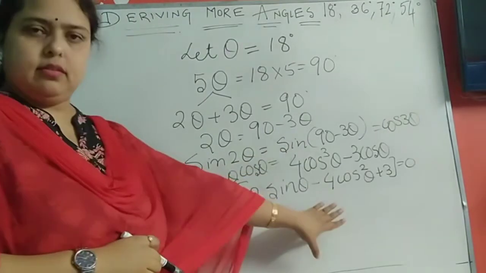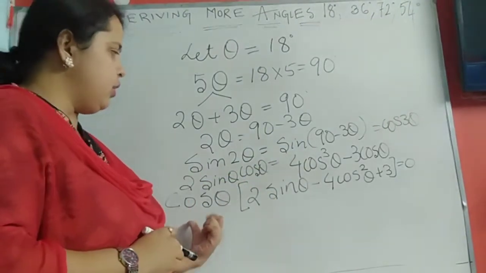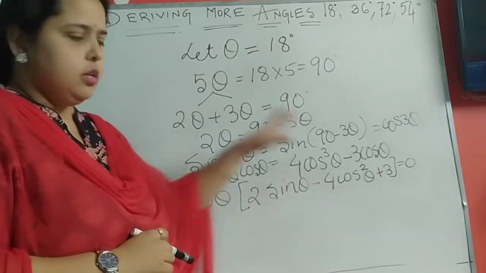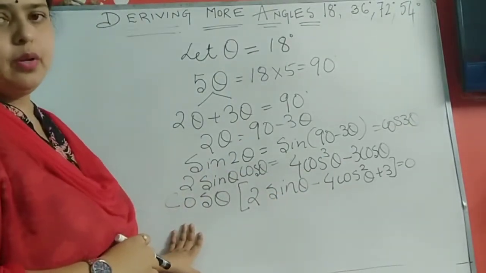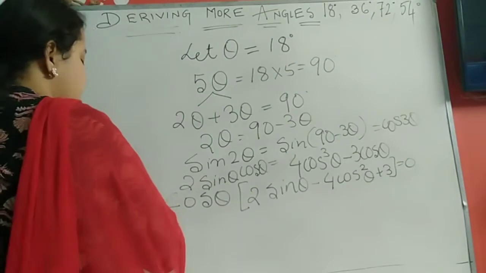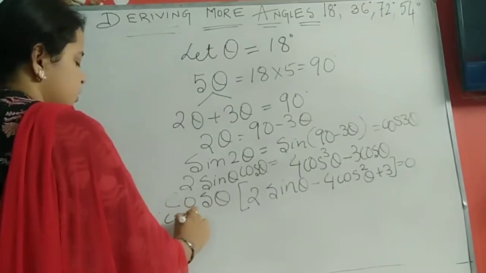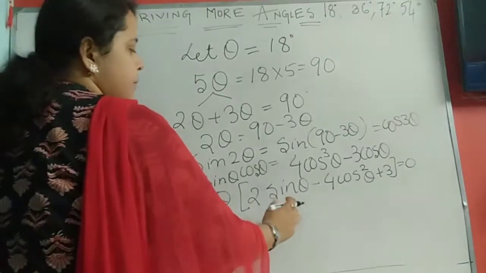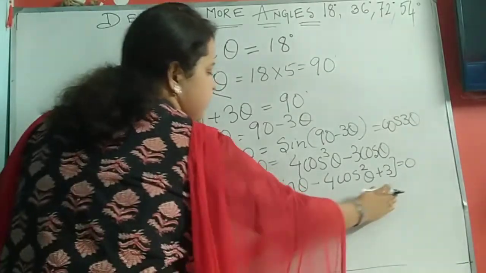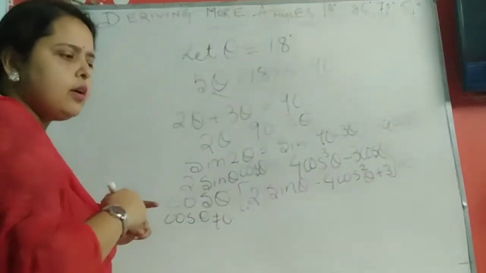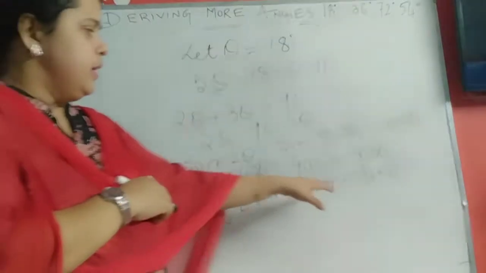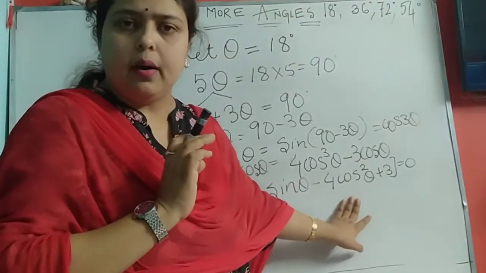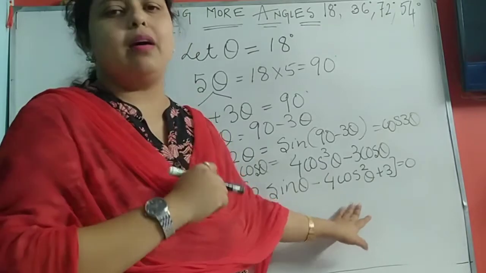Two factors. Either this is 0 or this is 0. This cannot be 0. Okay, if this cannot be 0, then what can be 0? Only this factor can be 0. In this factor, all of you please see, here cos square theta can be written as 1 minus sine square theta.